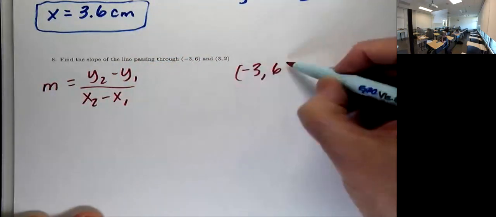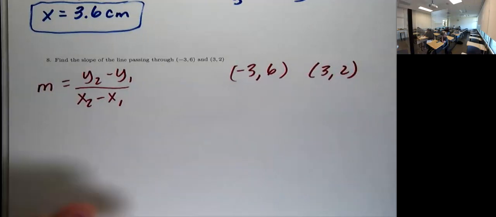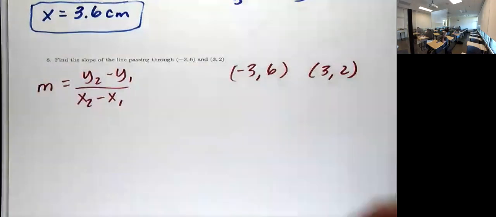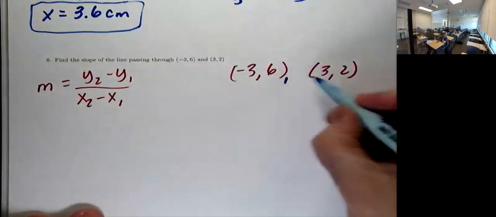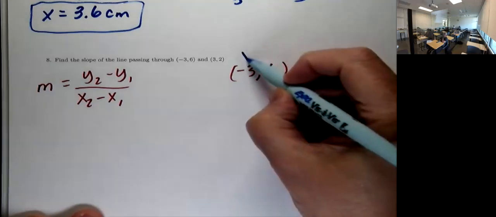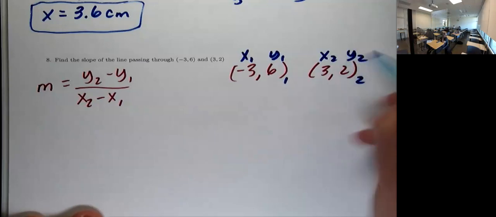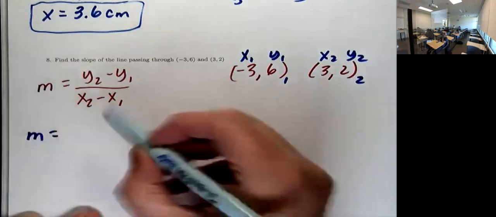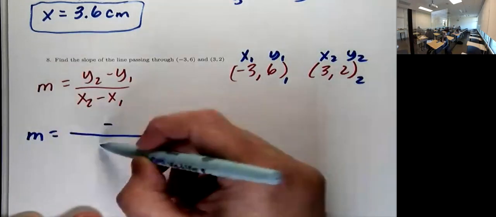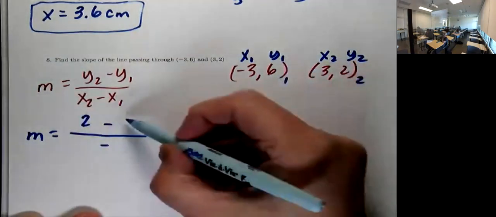I just need to label which one I'm going to use for 1 and which one for 2. First one, you'll be one. That works for me, and I'll use 2 for that one. So this is x1, this is y1, this is x2, this is y2. And I'm just going to fill that in. Y2 is 2. Y1 is 6.